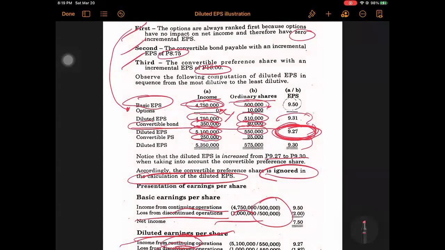If that's the case, kung dilutive siya tapos 9.26, the answer is 9.26. Any question clarifications? Nasabtan ra ba?